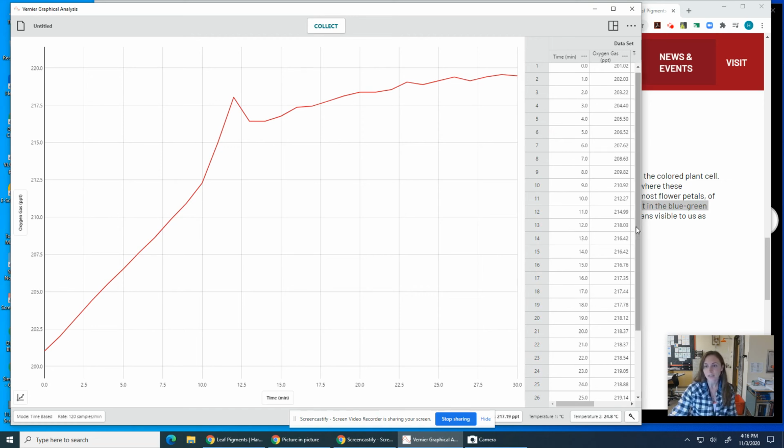So when you are graphing your data and you get to time 12 minutes, it goes from 214 to 218 back down to 216, and it doesn't reach 218 until about 9 minutes later. What that tells me is this is just a little sampling error. All of the equipment we use is going to have little blips, little errors that happen in time. This would be an outlier, and I would actually cut that data point out of my data. So it would go like this in a smooth line and get rid of that.